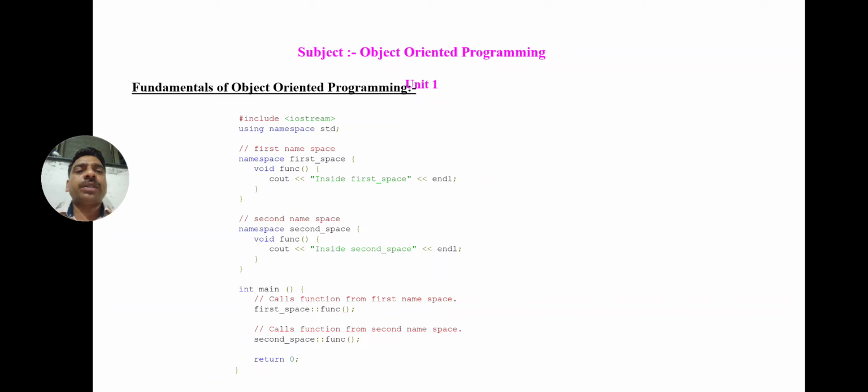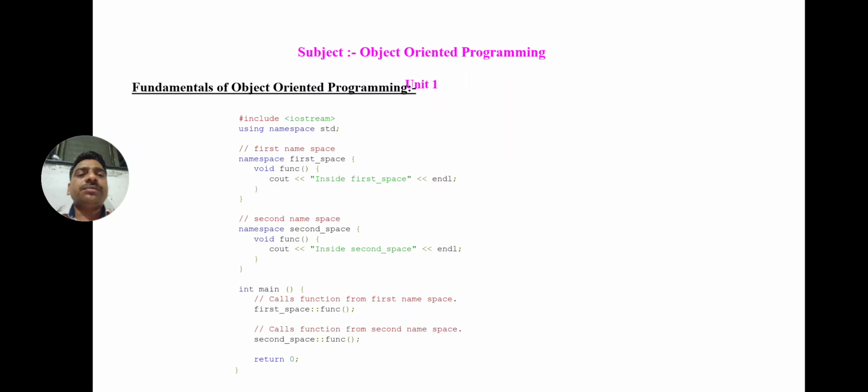That particular space provided for this void func is nothing but the namespace. The same thing goes for the second example, that is, namespace second_space. Inside that again the same function, void func, and we have written cout inside second space.